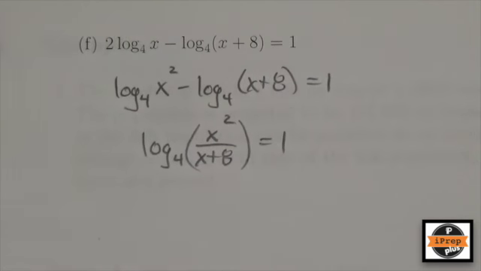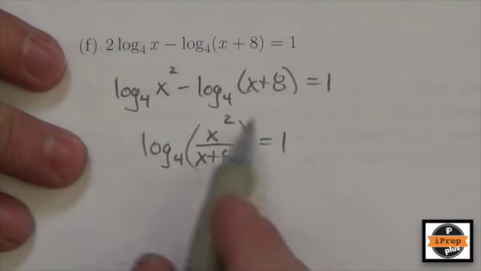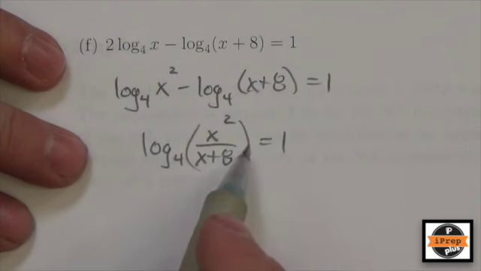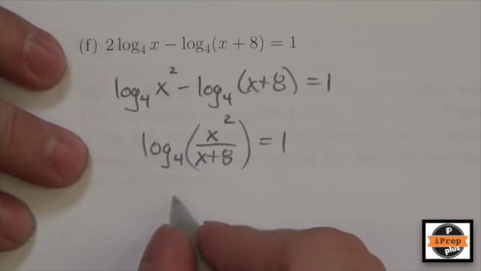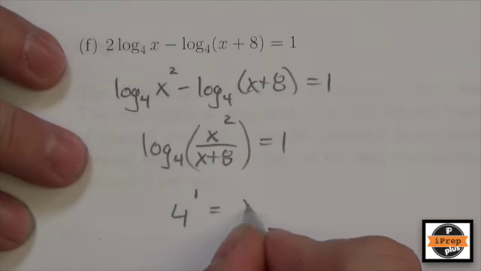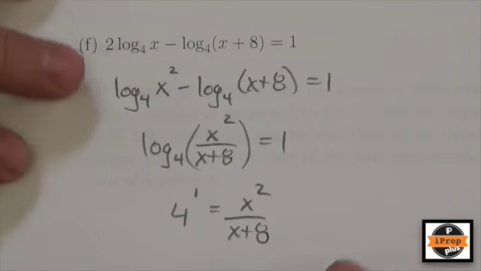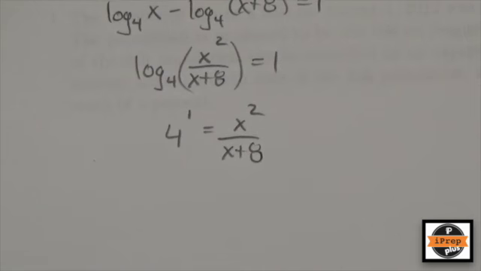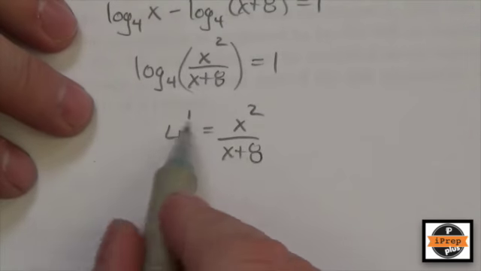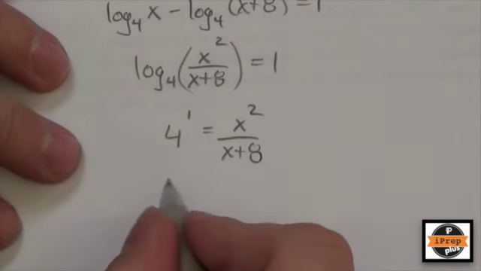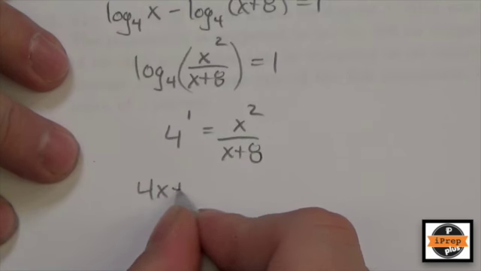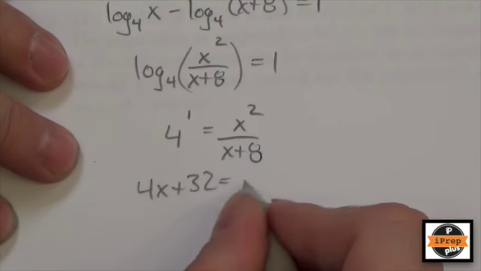I've got it as a single logarithm equal to 1, so I'm going to convert to the exponential form. 4 to the 1 is equal to x squared over x plus 8. Well, 4 to the 1 is just 4, so no big deal. I will multiply across by the x plus 8, and this will become 4x plus 32 is equal to x squared.